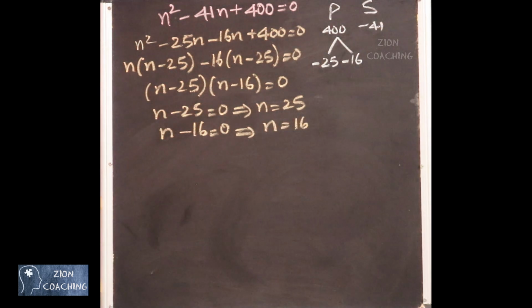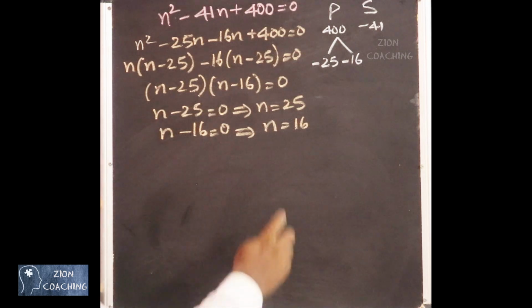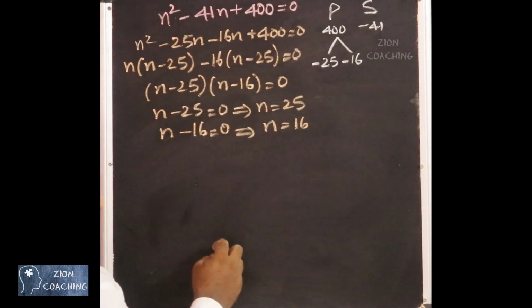So the total number of rows in the stacking can be either 25 or 16.